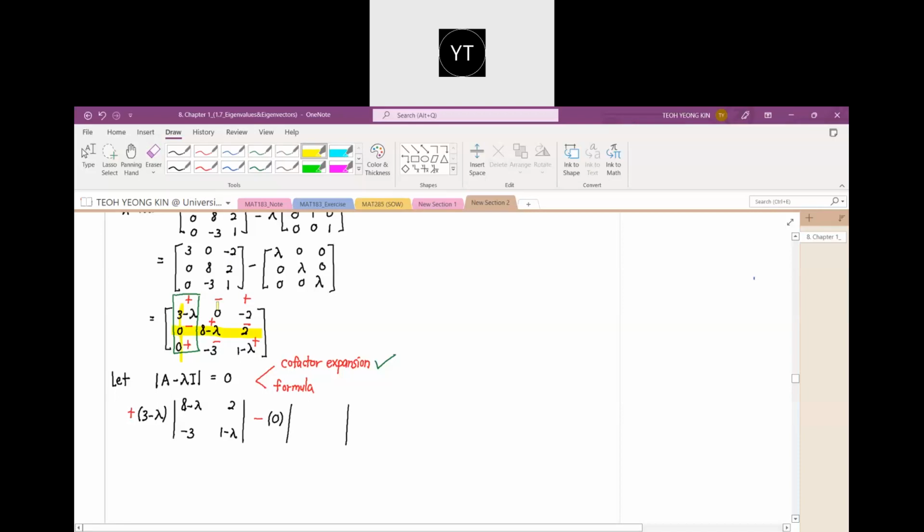So what we have here is 0, negative 2, negative 3, and 1 minus lambda. The final value is a positive, so it's a positive times 0.